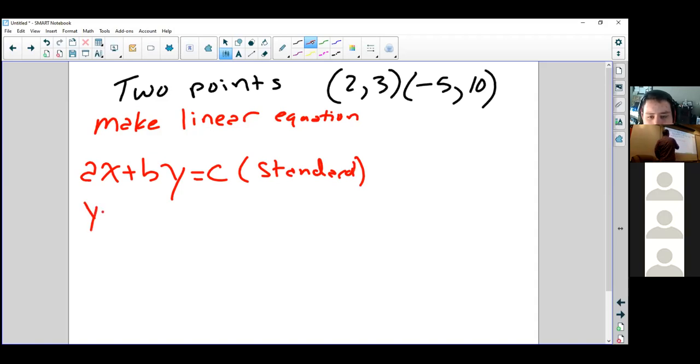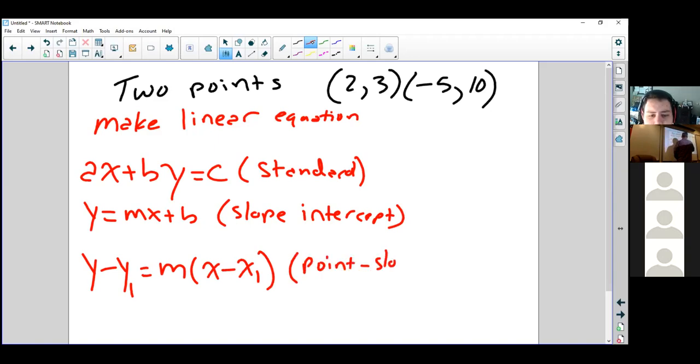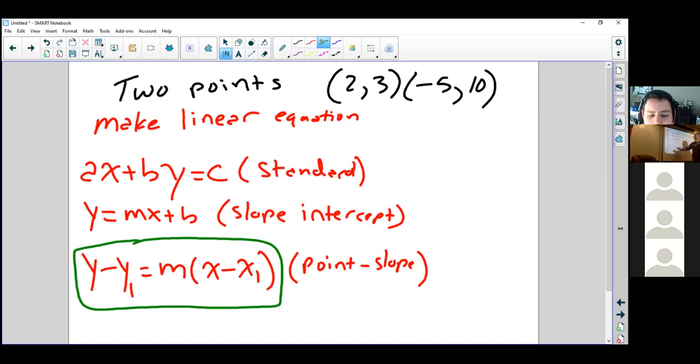We can also make it like this, which is called slope-intercept. Or we can make it like this, which is called point slope. We're going to stay focused on point slope. Point slope would have been your best friend in Algebra 1.